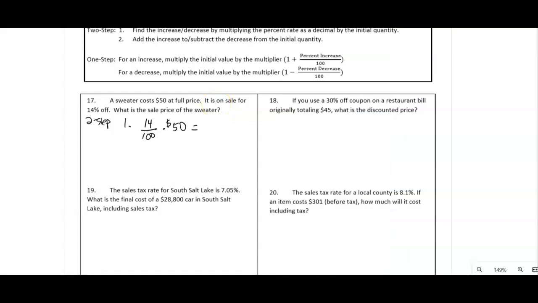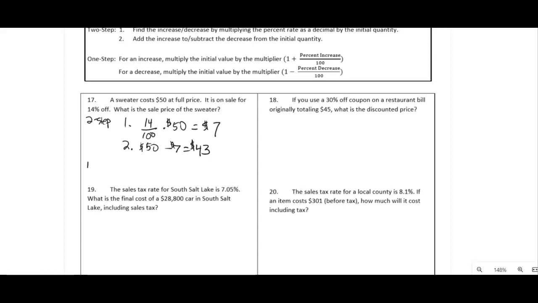And this is $50. Let's keep the units going. So this is $7 off sale. The second step would therefore be the $50. This is a sale, so we subtract the sale, and we get the sale price, $43.